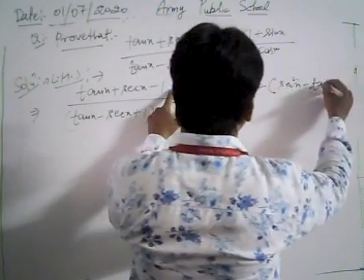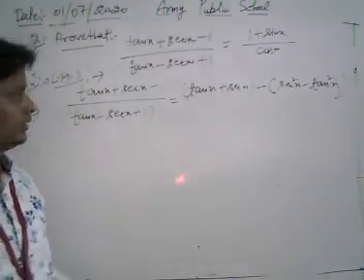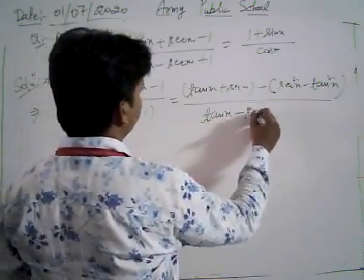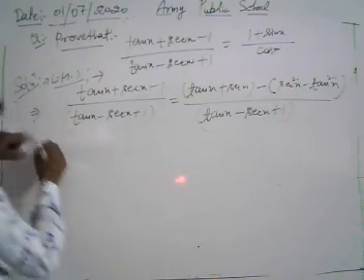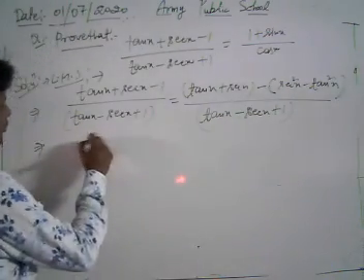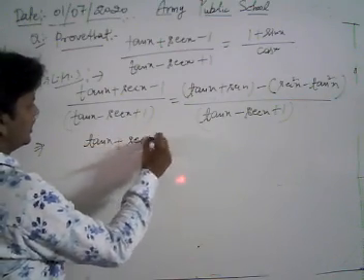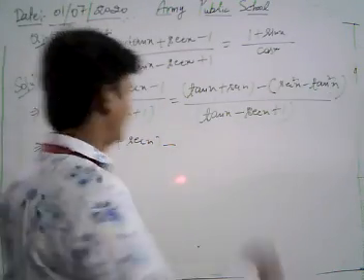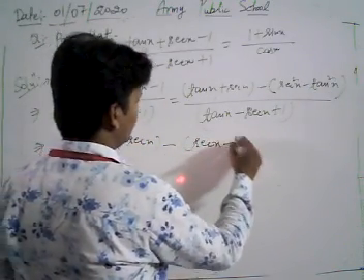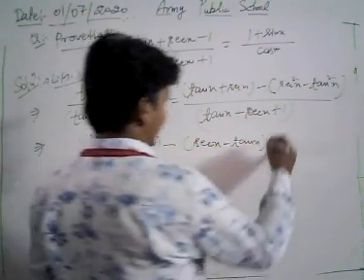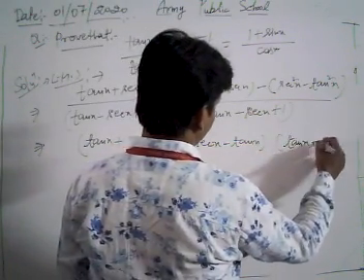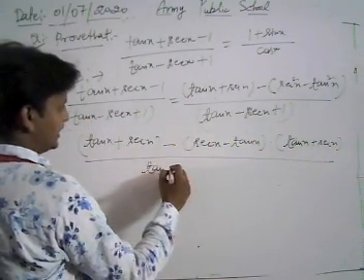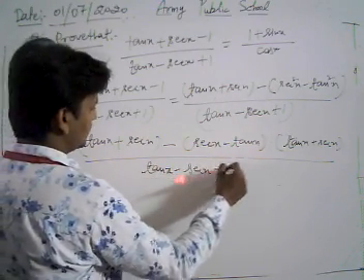We write the denominator as it is, tan x − sec x + 1. Now here in the numerator we get (tan x + sec x) minus (sec²x − tan²x), that is a² − b², so we write (a − b)(a + b), that is (sec x − tan x)(sec x + tan x), upon tan x − sec x + 1.